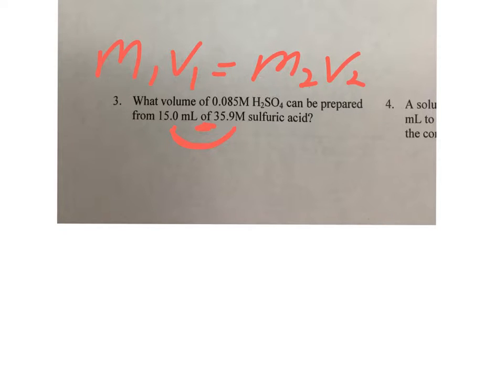But you're going to pick whichever side. So do you want it to be on the 1's side or do you want it to be on the 2's side? Pick one. The 2's? Okay, so this would be my M2. This will be my V2. You see how I have this molarity? This will be my M1. Okay, so I'm looking for V1.